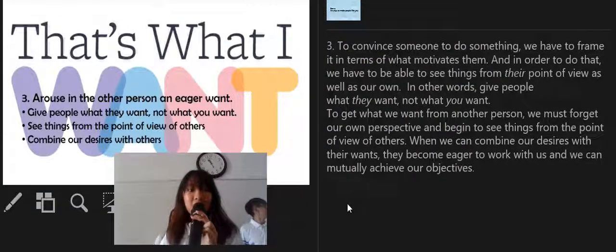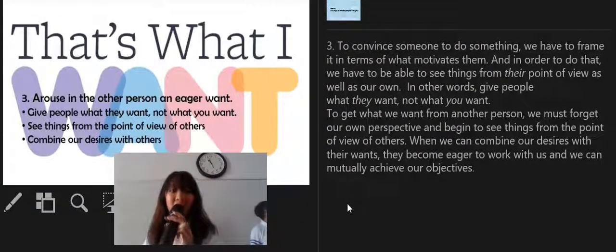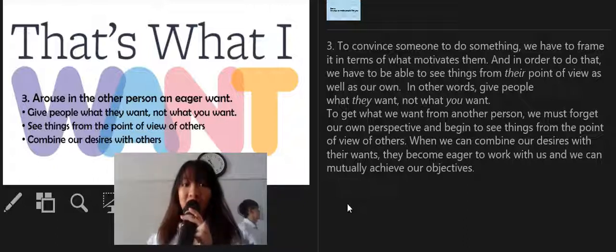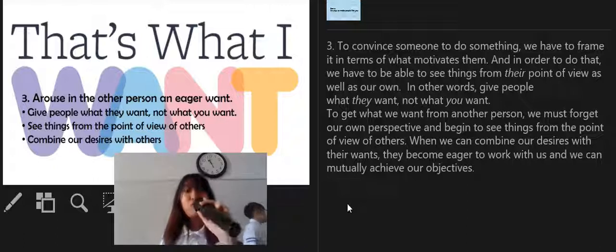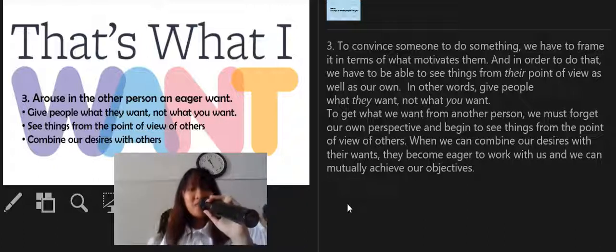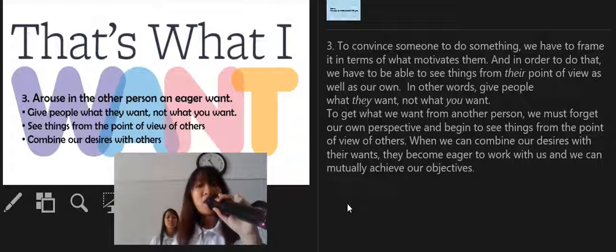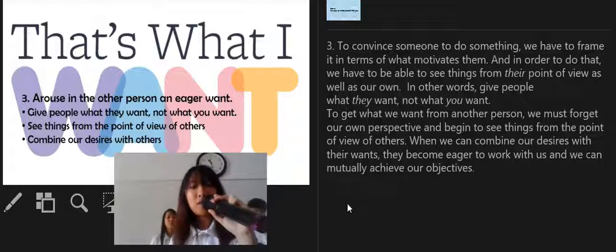The third one is: arouse in the other person an eager want. To convince someone to do something, we have to frame it in terms of what motivates them. And in order to do that, we have to be able to see things from their point of view as well as our own. In other words, give people what they want, not what you want.